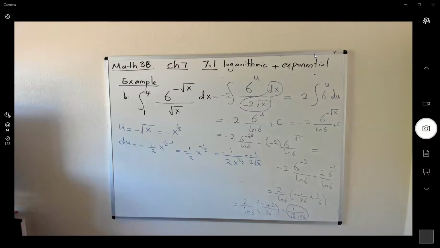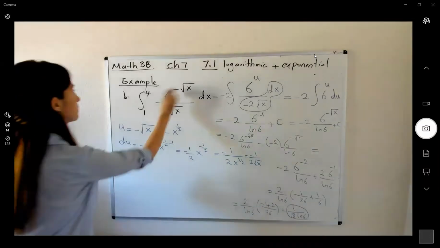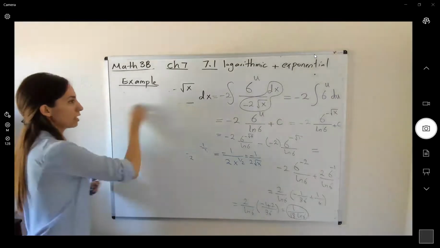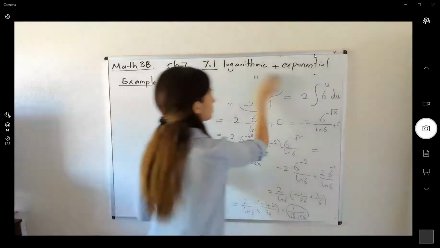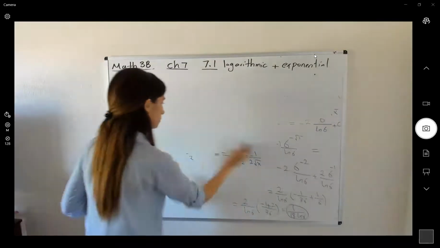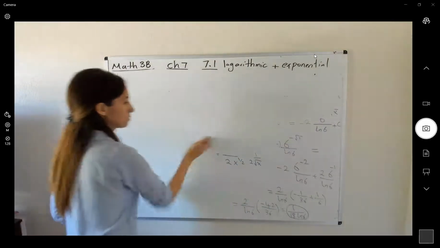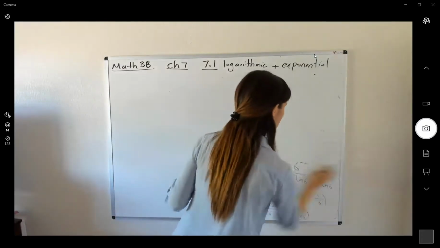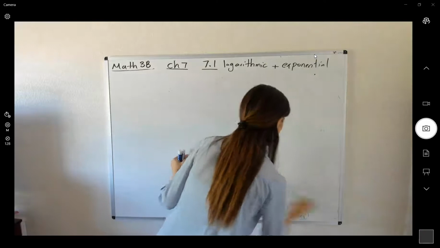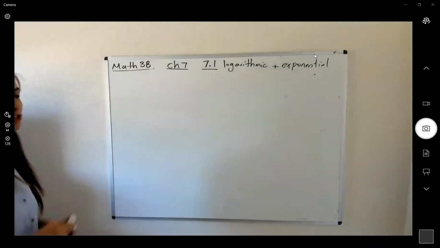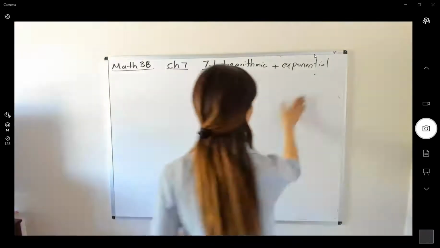One last topic in 7.1, the tower function. How do we take the derivative of a tower function? The general approach is like this.